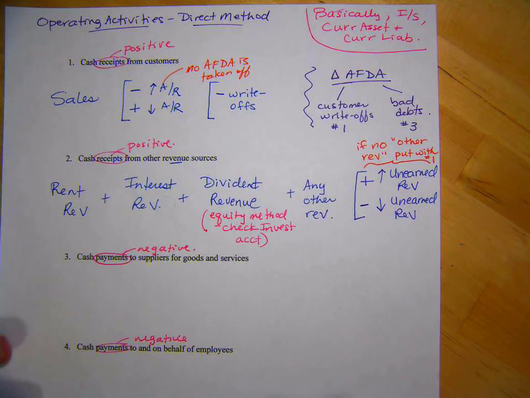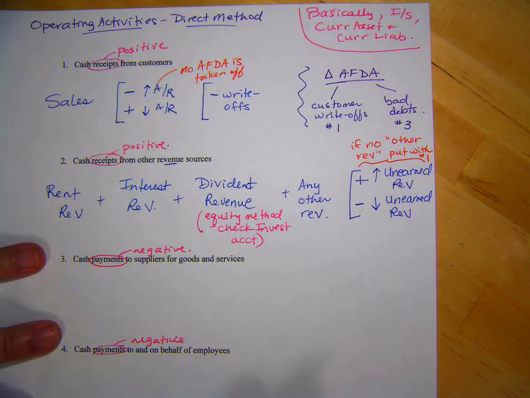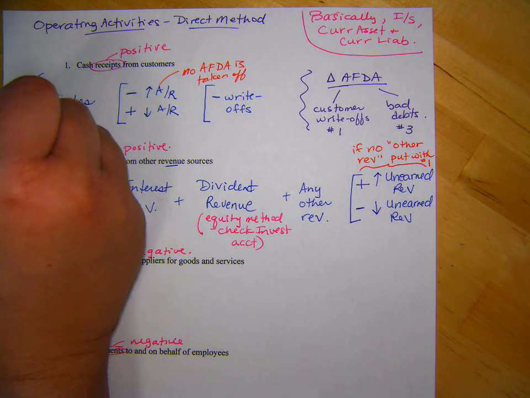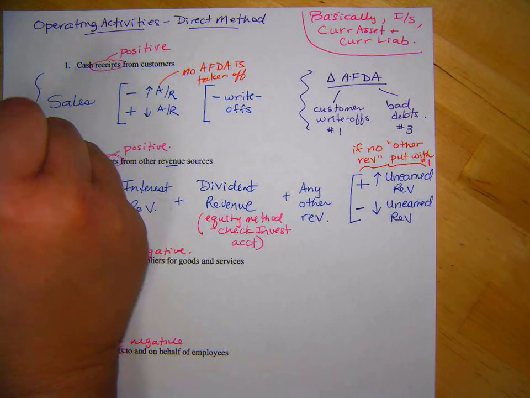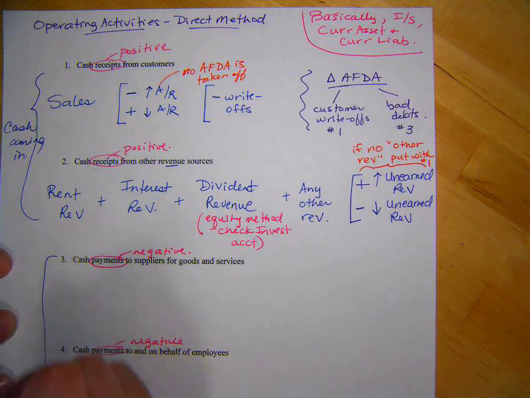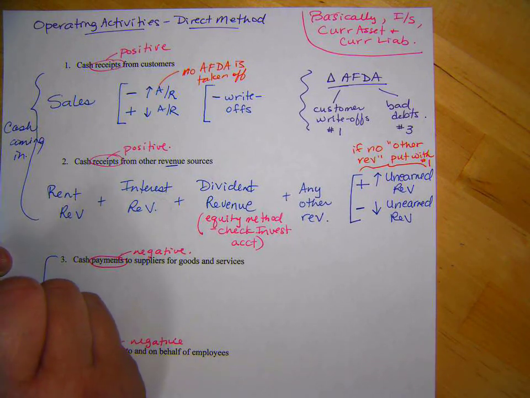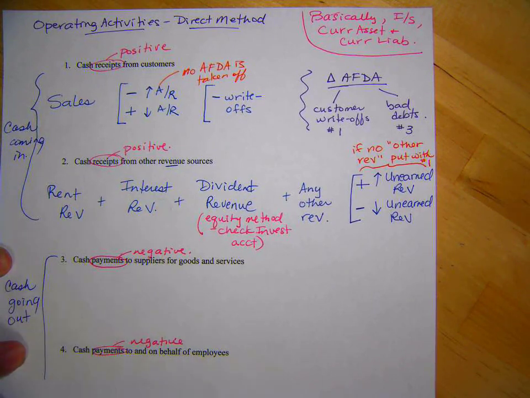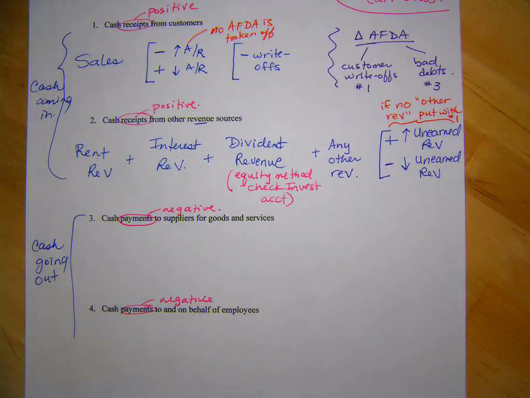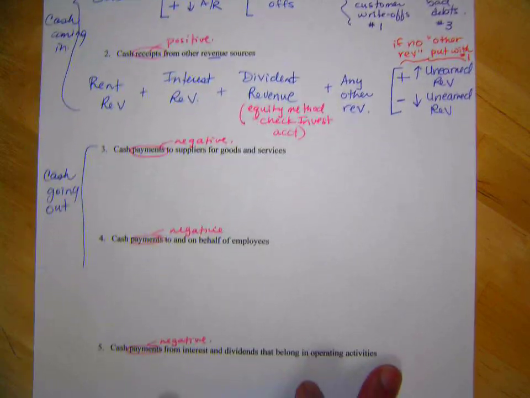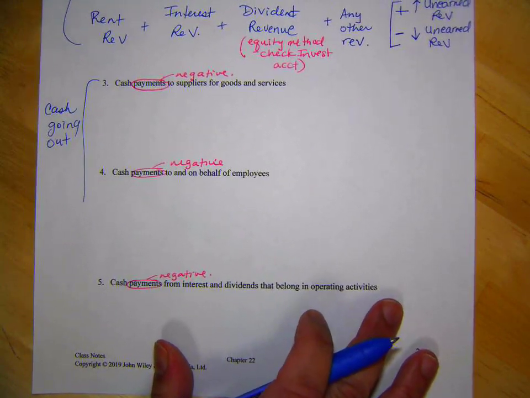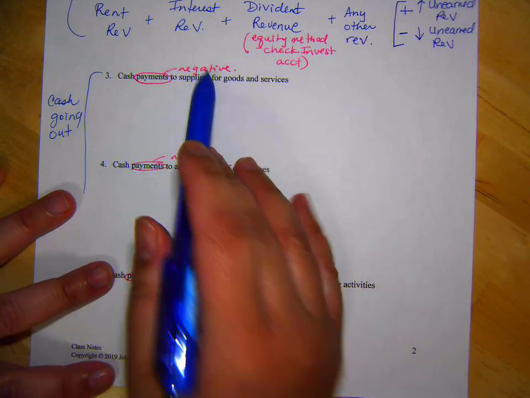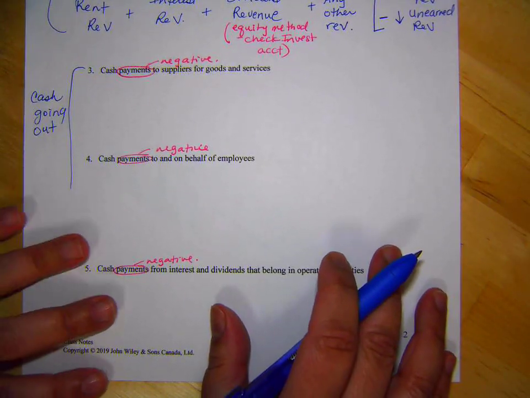Okay, number 3. So these first two were both cash coming in. All the rest is cash going out. So the last 4 we're going to do is cash going out. So I'm going to list them as positive, but then at the end you put a negative on it when you've got your final number.